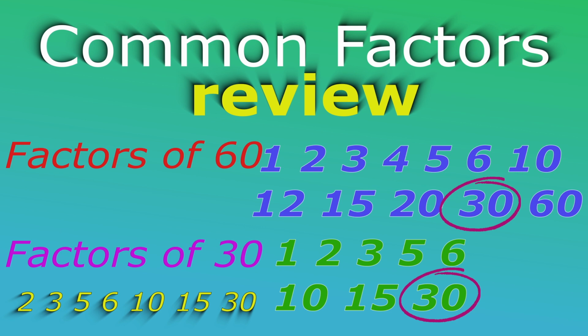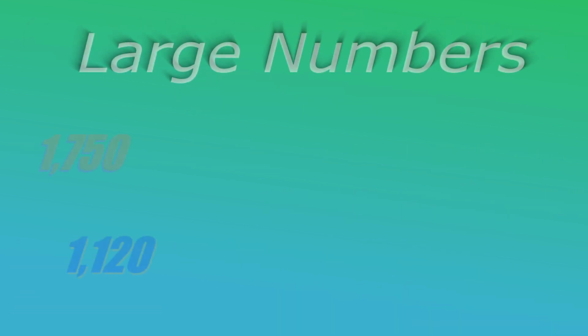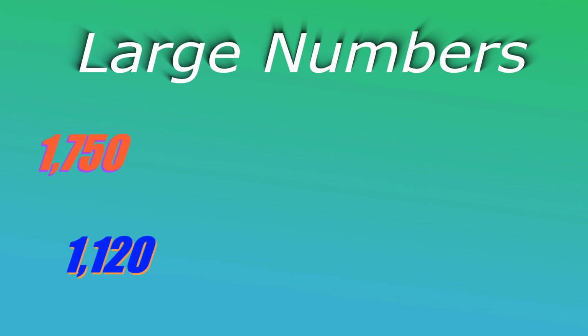But notice we had to write out and compare several numbers while trying to actually remember the factors of 60 and 30 before we could pick out the highest common factor. What if you had large numbers, 1750 and 1120 for example, and you were required to find the highest common factor of these numbers?